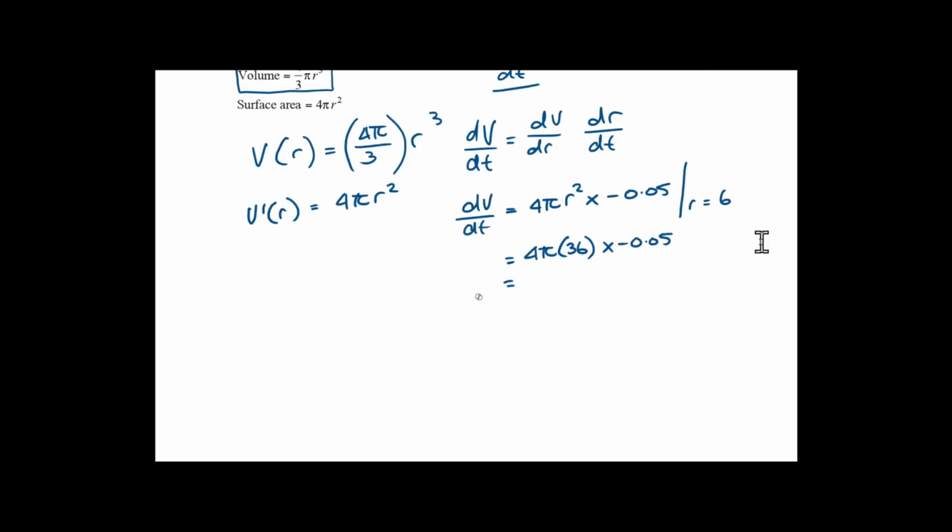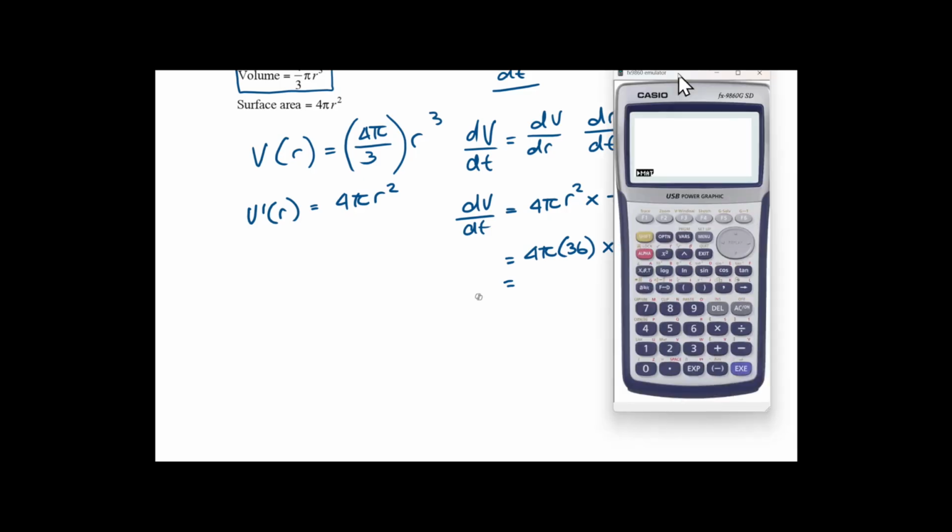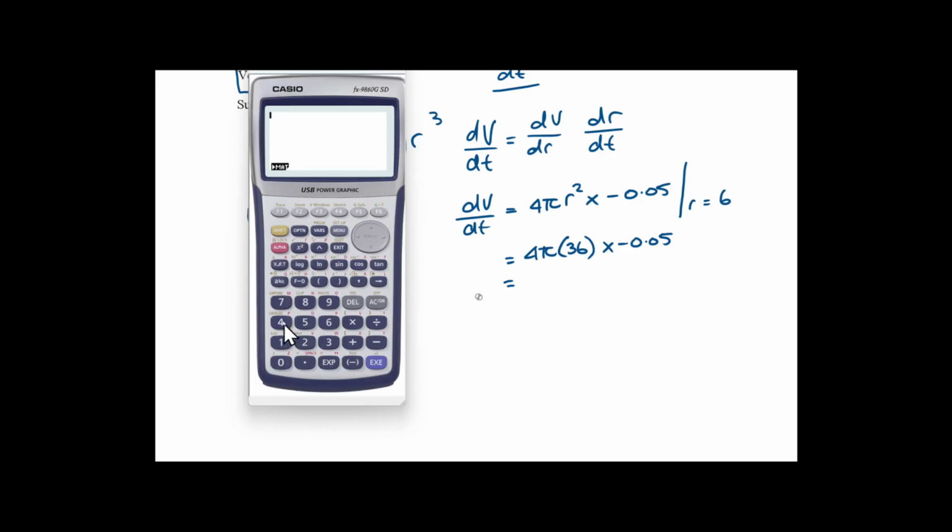Now, what is that going to be as an actual number? Let's use our calculator. 4 pi times 36 times 0.05 gives 22.619.